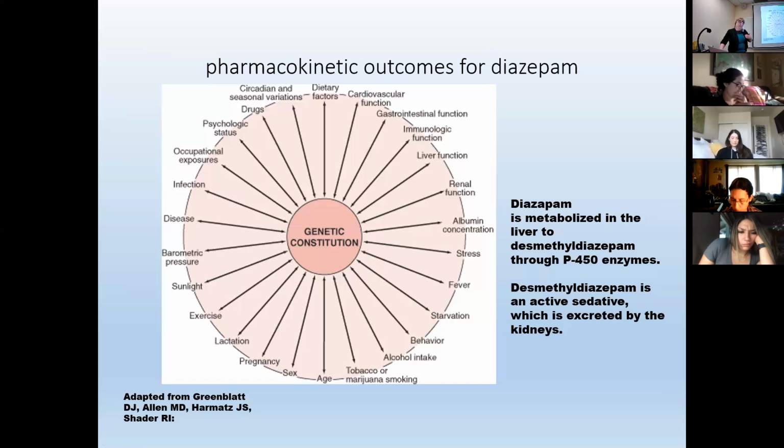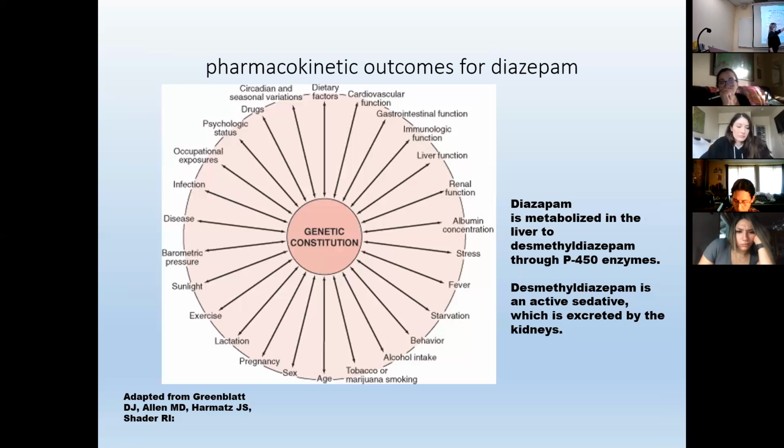So the pharmacodynamics is what the desmethyldiazepam is doing, and then the pharmacokinetics are what this person and their environment is doing. So here's stress. Stress causes us to have higher levels of cortisol, which affects our adrenal system, which affects a lot of the way our brain functions.